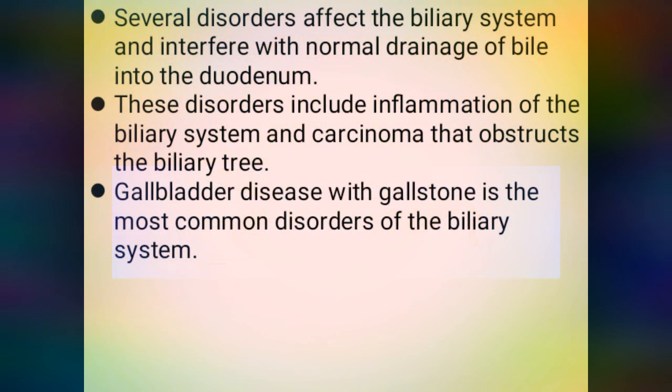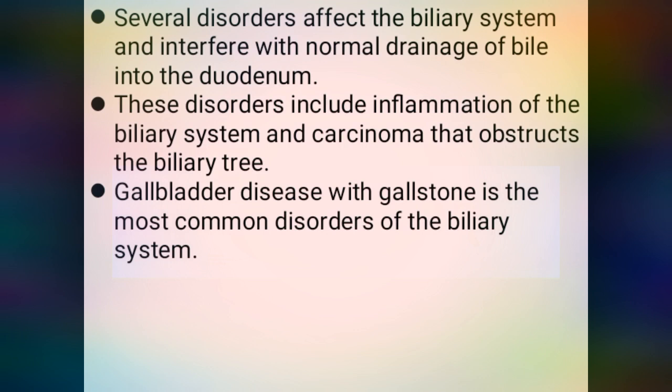Straight away, let's talk about the location and the anatomy of this gallbladder. We're seeing that several disorders that affect the biliary system interfere with the normal drainage of the bile into the duodenum.